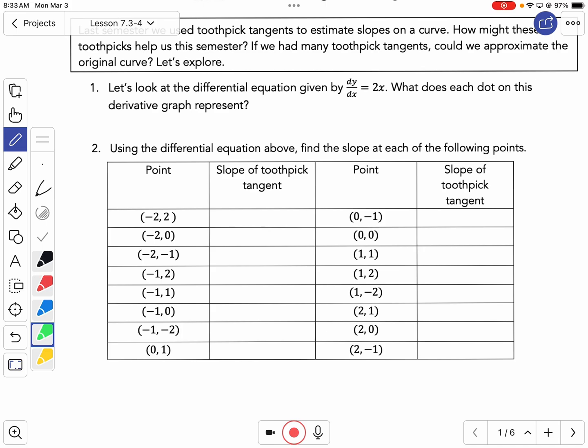Oh, I like your shirt. It says senior at the top. Oh.